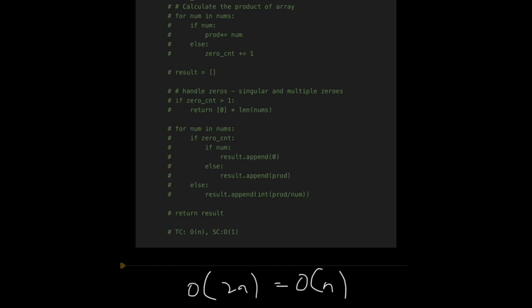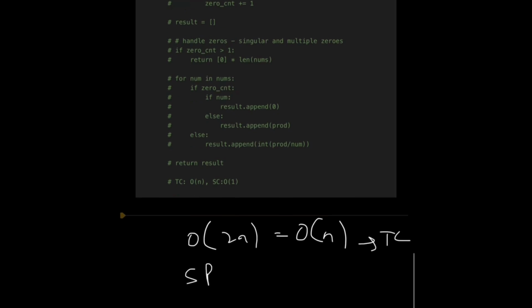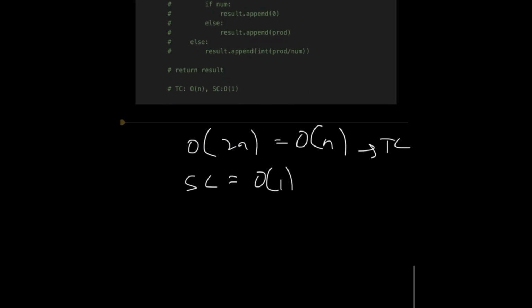And this is our time complexity. And our space complexity is big O of 1, because we're not using any other data structures to store our intermediate results. And that's our first approach.